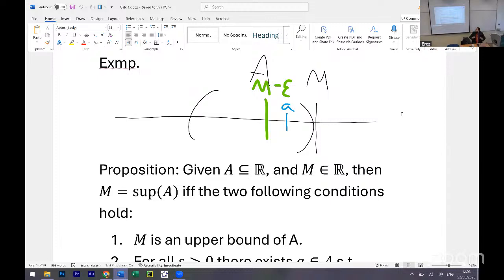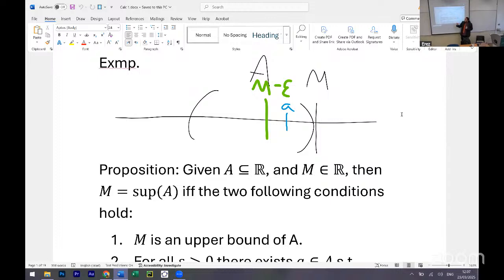Because the upper bounds of the set A, suppose that the set A is within these parentheses, the upper bounds are all here on the right, and the one closest to the set is the lowest, the minimal upper bound, is called the supremum of the set.